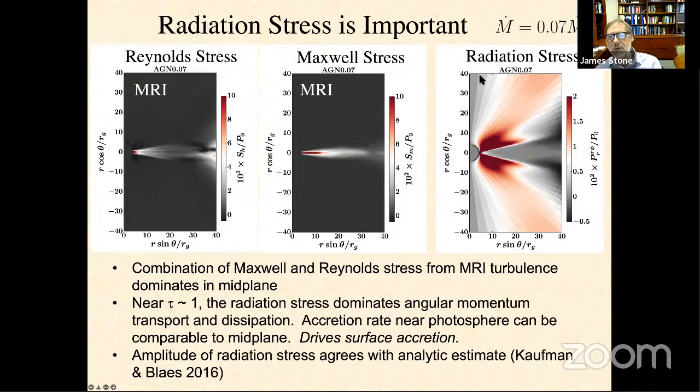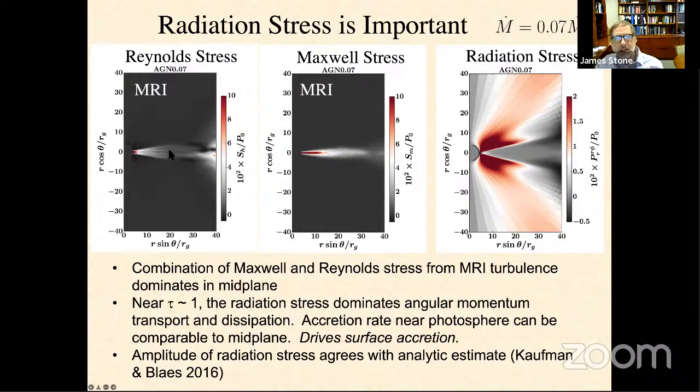And then finally, there's the radiation stress, because the radiation field can produce, just like particle collisions can transport angular momentum, so can photon collisions with electrons transport momentum and angular momentum. And so there's a non-diagonal component to the radiation stress tensor, which is equivalent to radiation viscosity. And that's what's plotted here, the R phi component of the radiation viscous stress tensor.